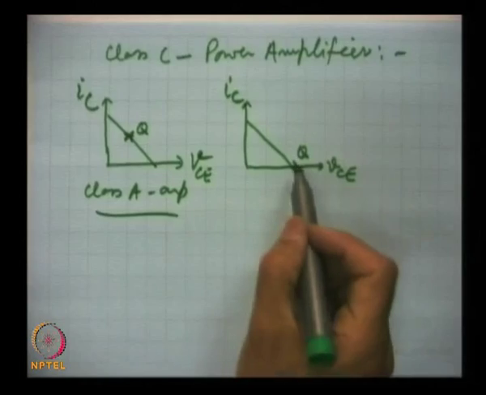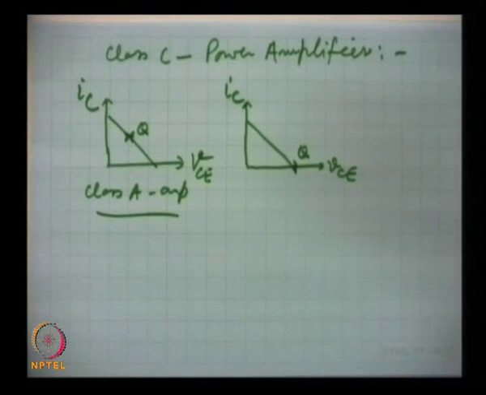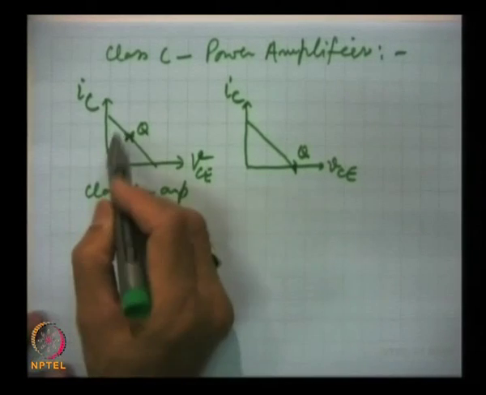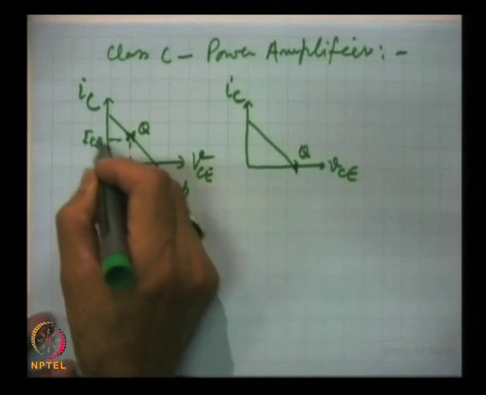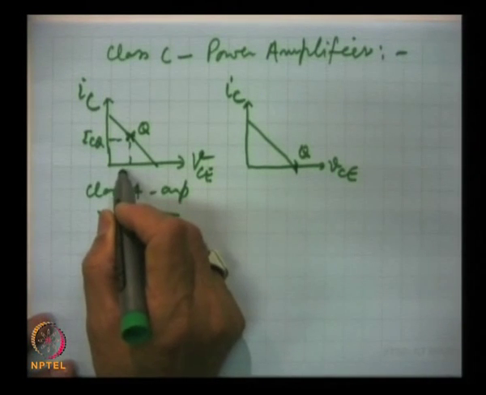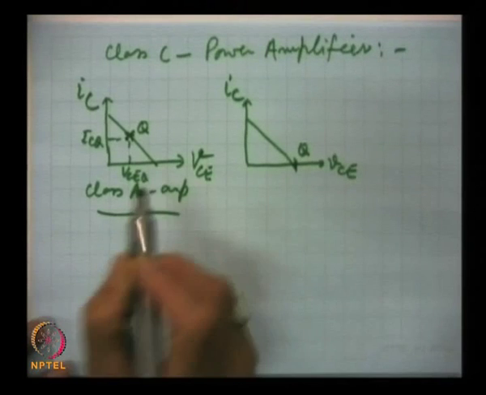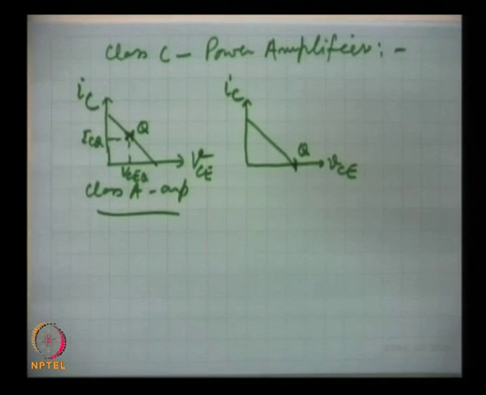So that when there is no signal, this is one physical reason why the efficiency of class B operation is high, because in this case even when there is no signal, the current ICQ and this voltage VCEQ, so 50% current continues to flow in the circuit, and that is a shear loss.